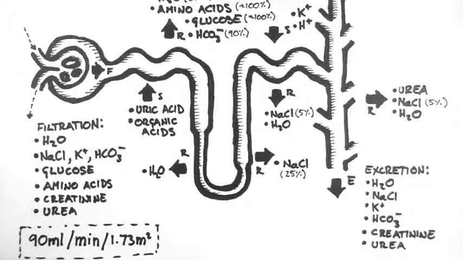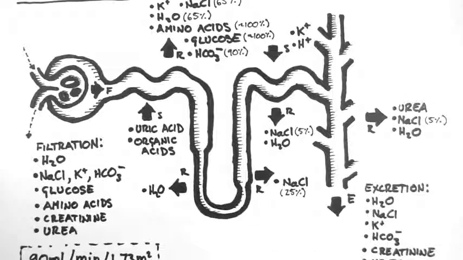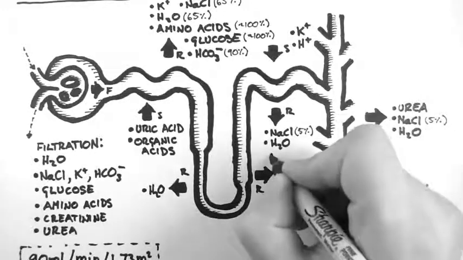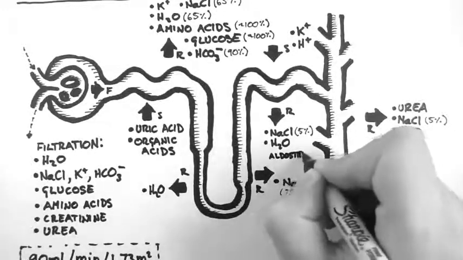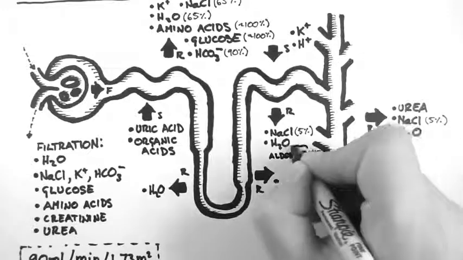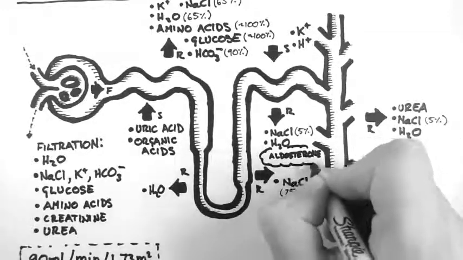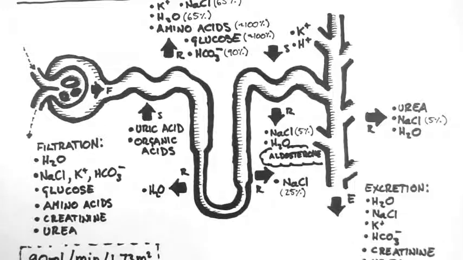For example, if the level of creatinine in your blood begins to rise, it may suggest there is a problem with filtration in the glomerulus. One last thing I would like to mention is that there are two major hormones which control the rate of water excretion. These are aldosterone, which is part of the renin-angiotensin-aldosterone system, which you can find out more about in the RAAS handwritten tutorial.